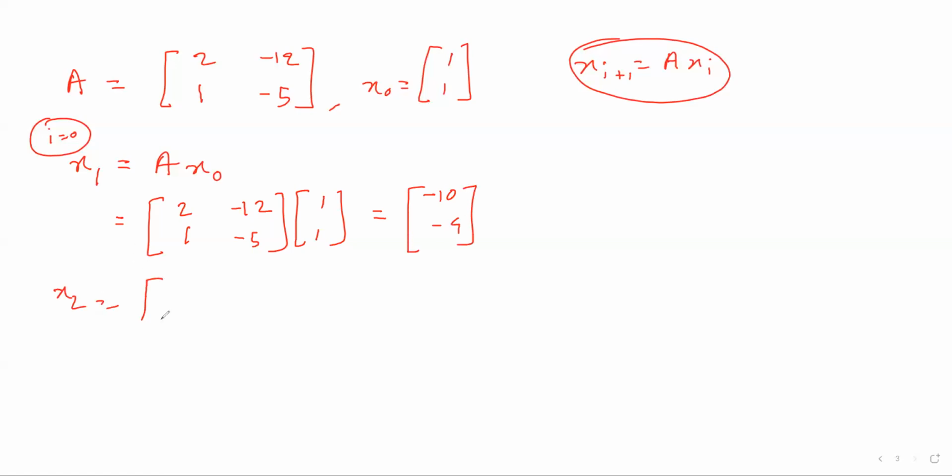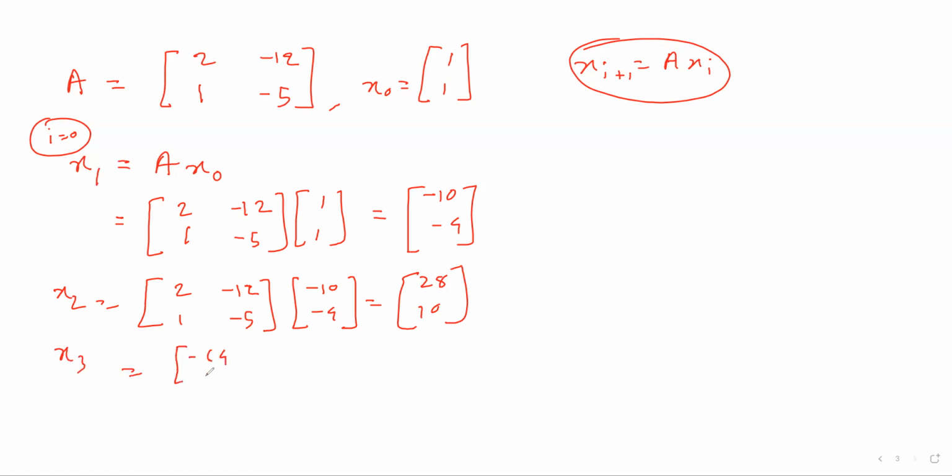So x2 is [2 -12; 1 -5] times (-10, -4), and this result is (28, 10). If we go on like this, we get x3 equals (-64, -22). We get x4 equals (136, 46).